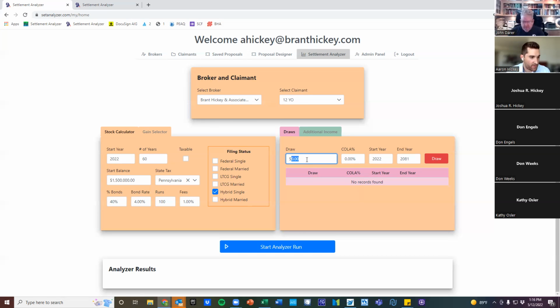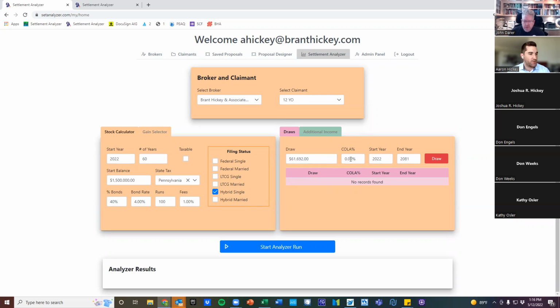I put in $1.5 million for a 12-year-old with no rated age, and it was a life in 40. And what I found out was, with those parameters, a structure would pay out just over $61,000 a year, guaranteed for 40 years, again, plus life thereafter.